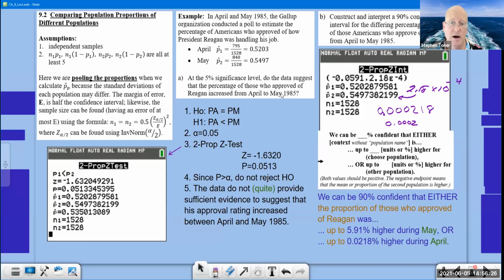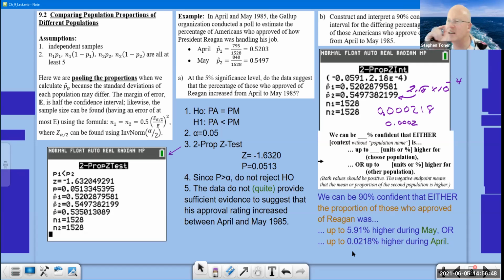The second population was the month of May. That's why I have higher in May for that first number and higher during April for that second number. We knew it was leaning towards being higher in May, and so that larger percentage going along with higher in May just only makes sense there.